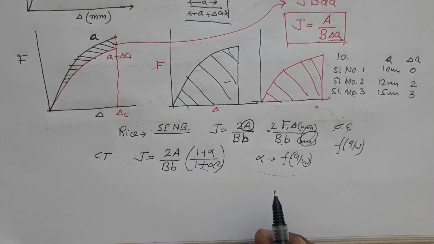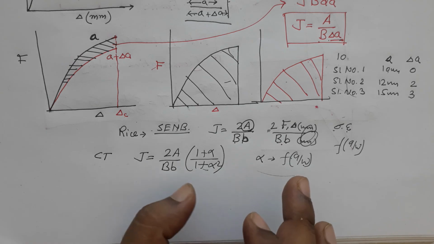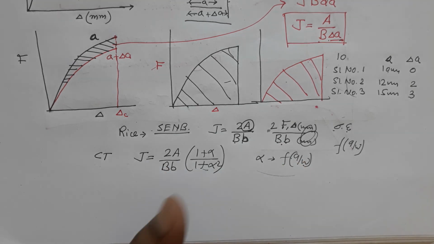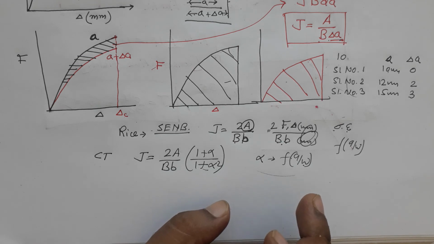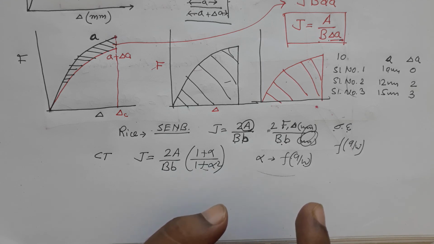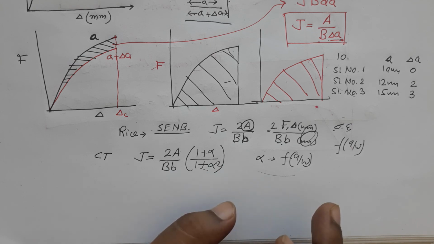Okay. So, for these formulas, the derivation is not important at this point of time, because that requires a little bit more knowledge about bending and stress and strains in that situation. So, we will skip that part.